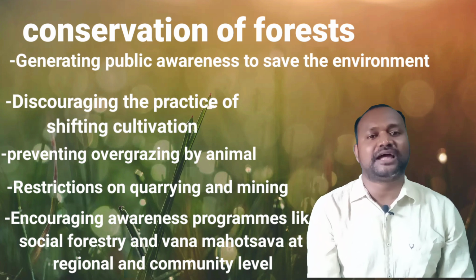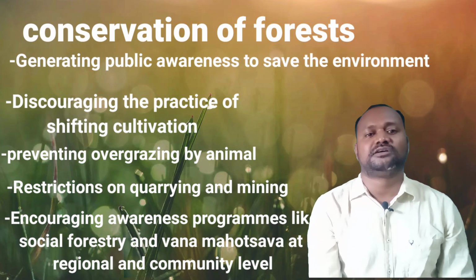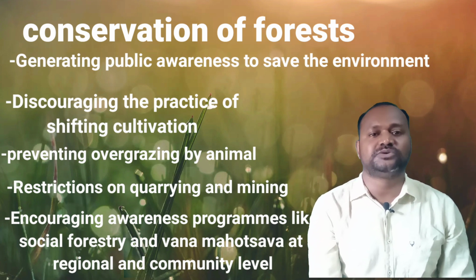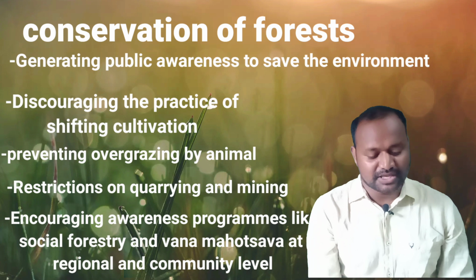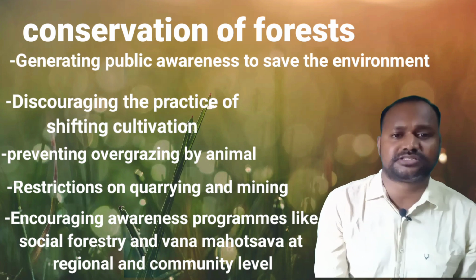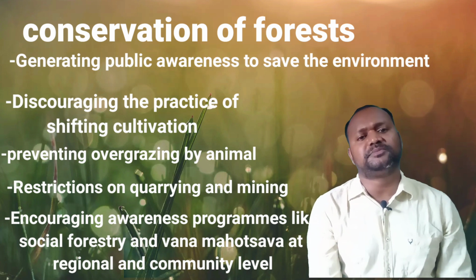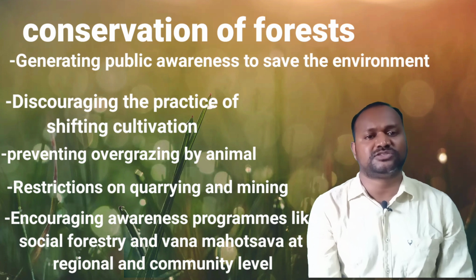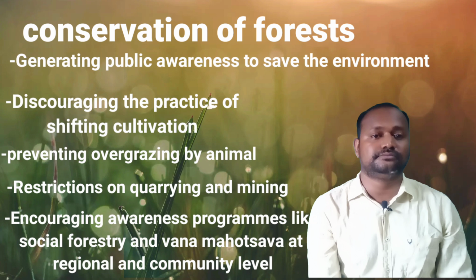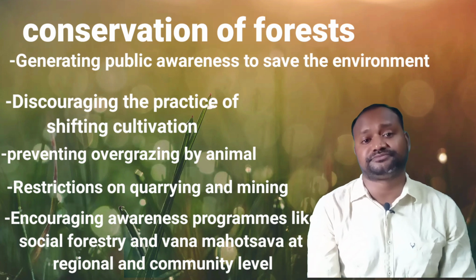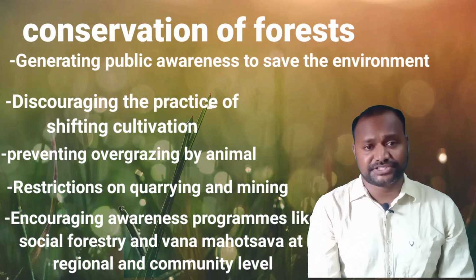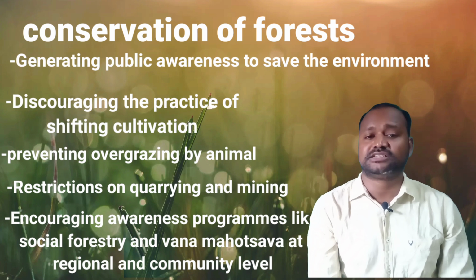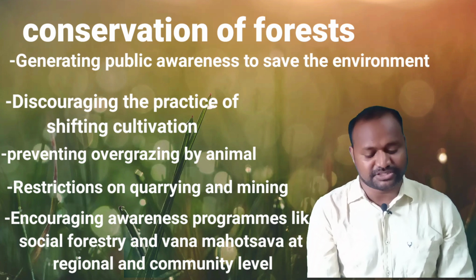So we should plant different kinds of trees depending upon the ecosystem of that area. Another thing is awareness. We have to make people aware about the conservation of natural vegetation. People should know the demerits of deforestation, or the demerits of a lesser amount of natural vegetation.